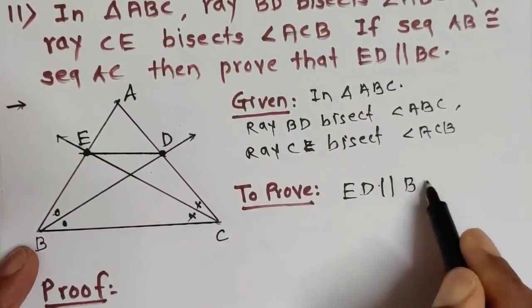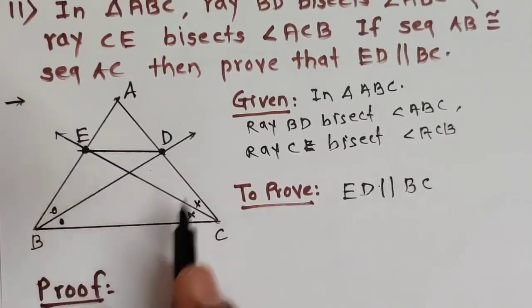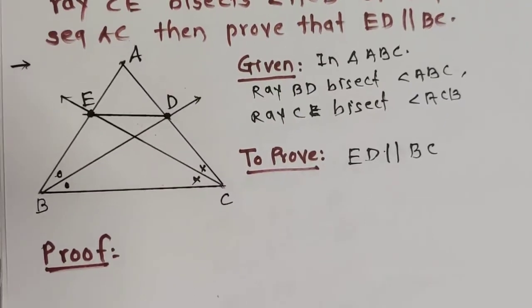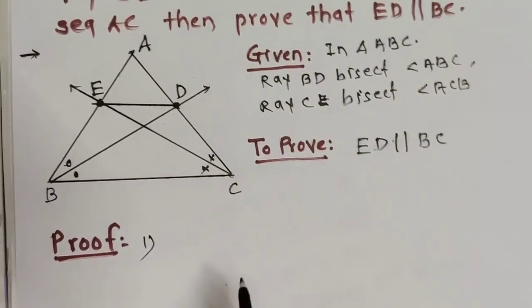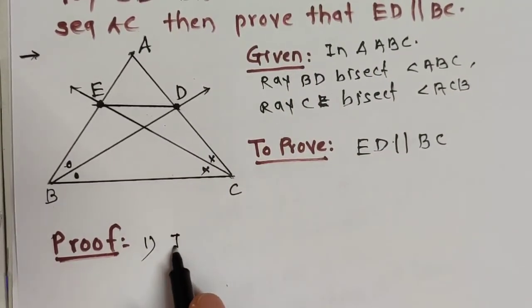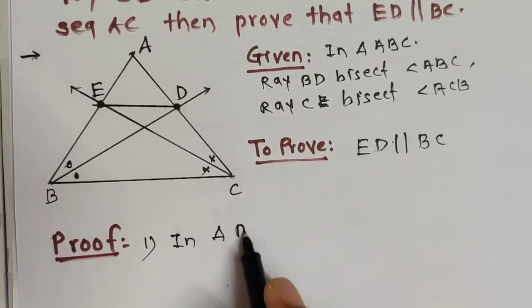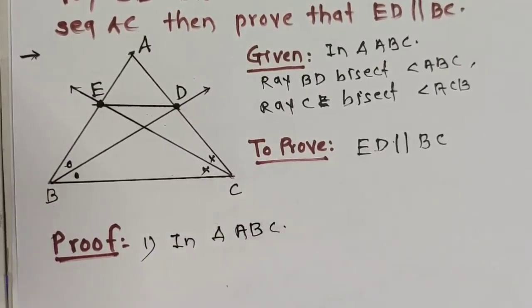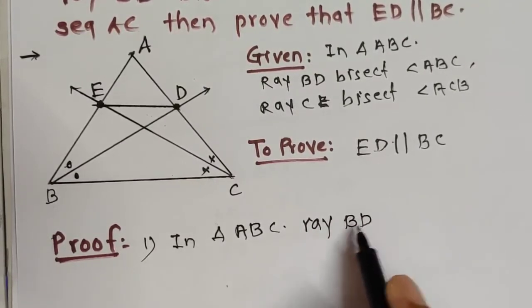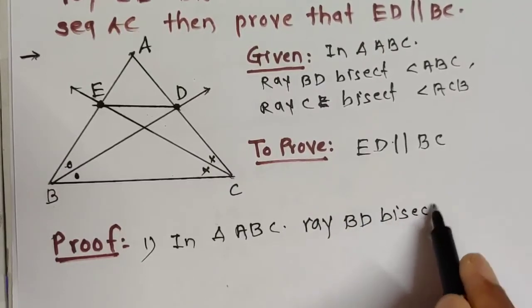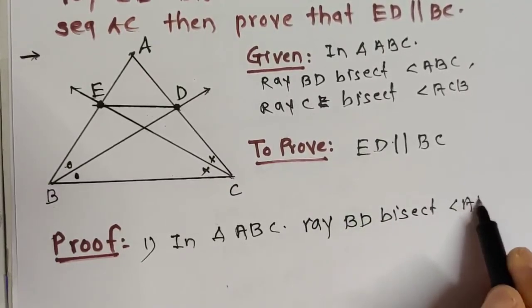You know, whenever we have to prove one side is parallel to the second one, we have to use which theorem? Converse of BPT. So first use that angle bisector property because angle bisectors are given. So let us see the first point. In triangle ABC, what is given? Ray BD bisects angle ABC.